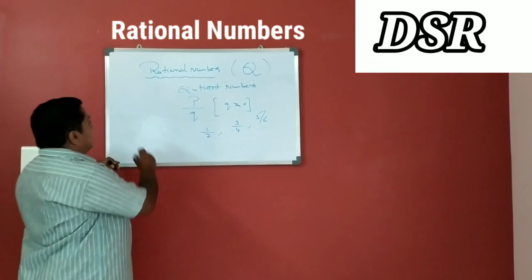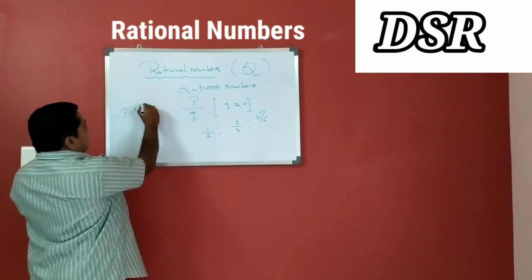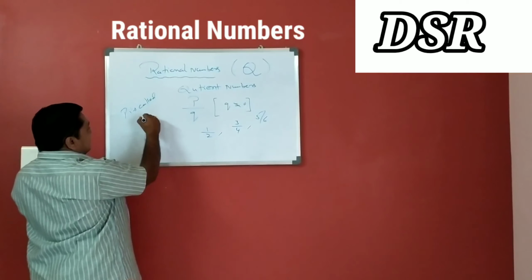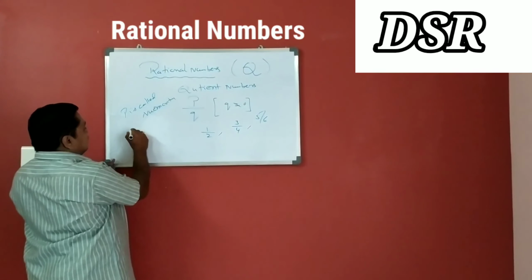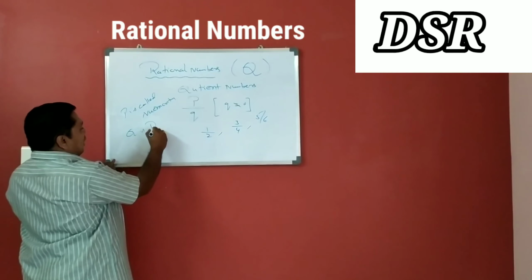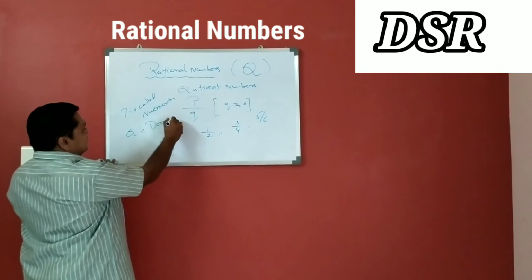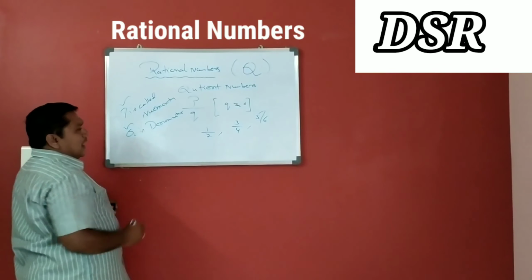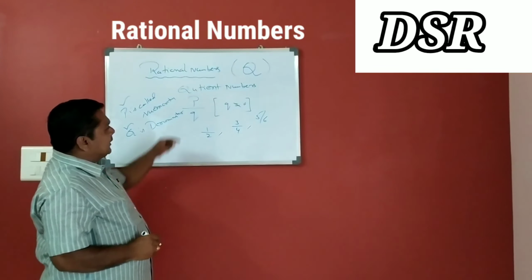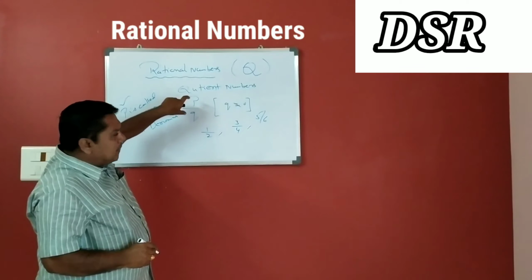p is called the numerator and q is called the denominator.